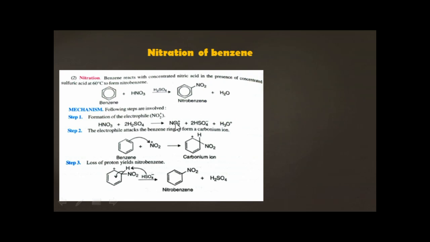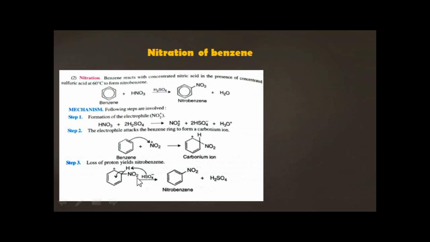This nitronium ion is the electrophile. This is formed in step 1. This electrophile attacks the benzene ring and forms a resonance stabilized carbonium ion. This resonance stabilized carbonium ion may be called a sigma complex.